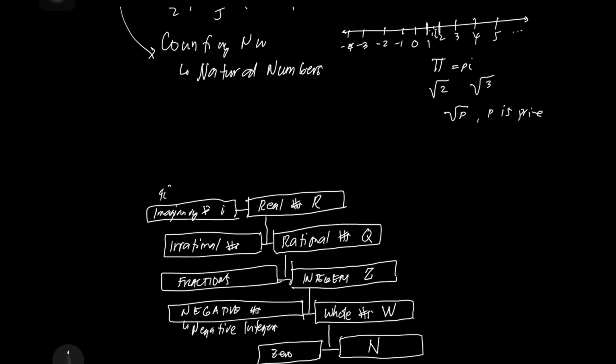For example, 4i. Square root of -1, which is i, is an imaginary number. If we get the union of the imaginary numbers and the real numbers, we have the complex numbers, denoted by capital C.